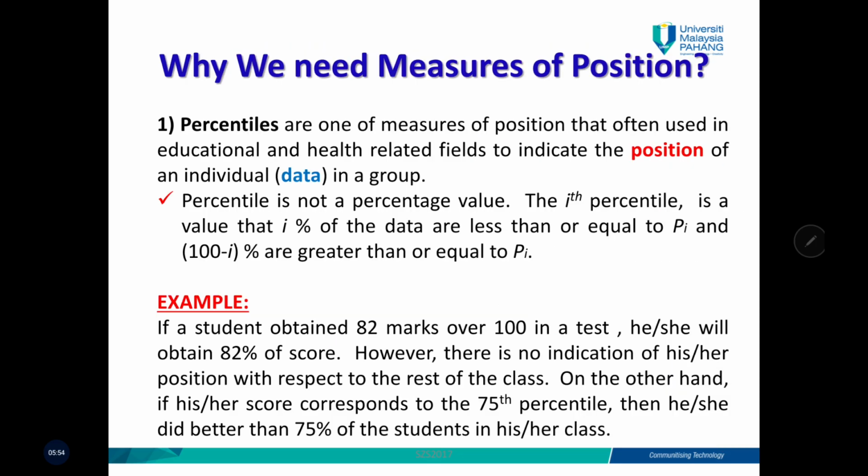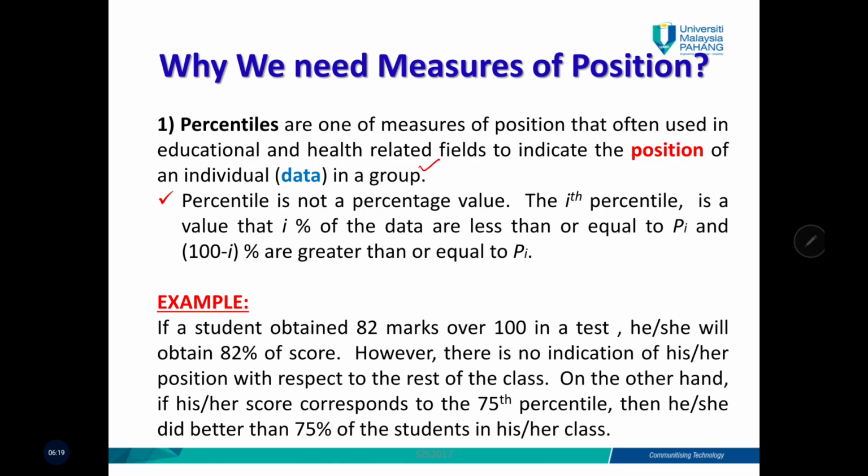Now we look at the importance of measures of position. Basically, there are two needs for why we need to look at the measures of position. The first one is to indicate the position of data in each data set.